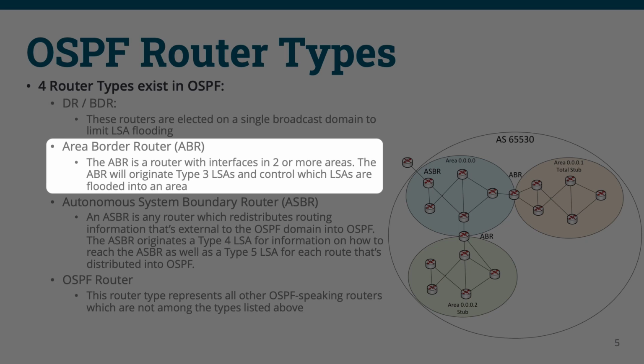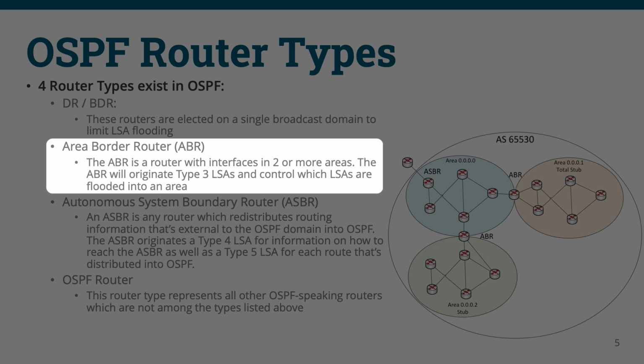The ABR is a router with interfaces in 2 or more areas. There is not a technical limit to the number of areas that an ABR may be a member of, though there may be a practical one based on the computational power of the router, dictating the size of the LSDB which it may hold on to, and the number of LSDB changes it can handle in a given time.